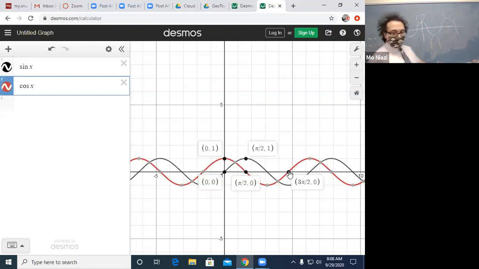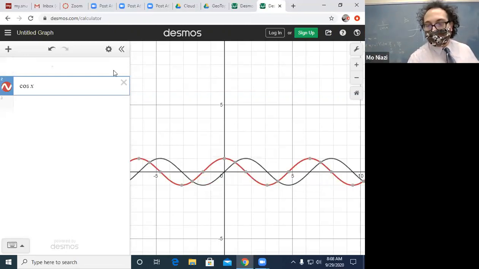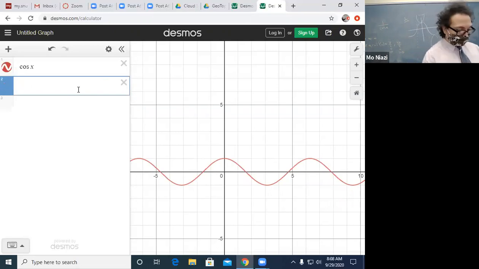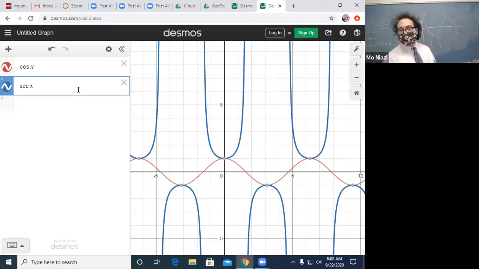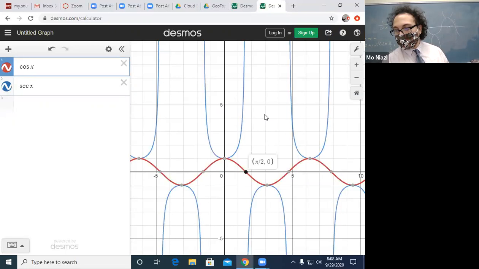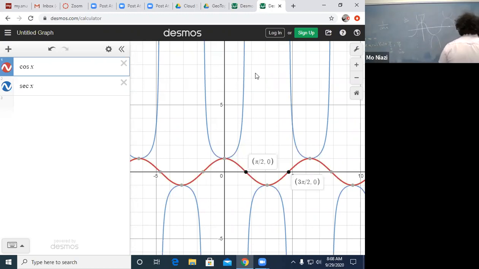So first I'll graph it, and then we will explain why that's the case. So what is 1 over cosine? Secant, right? Boom. Notice that the function has these vertical asymptotes at pi over 2 and at 3 pi over 2. The function will never touch this vertical asymptote that comes down from here to here. Okay? So let's think about this in terms of an f of x table.